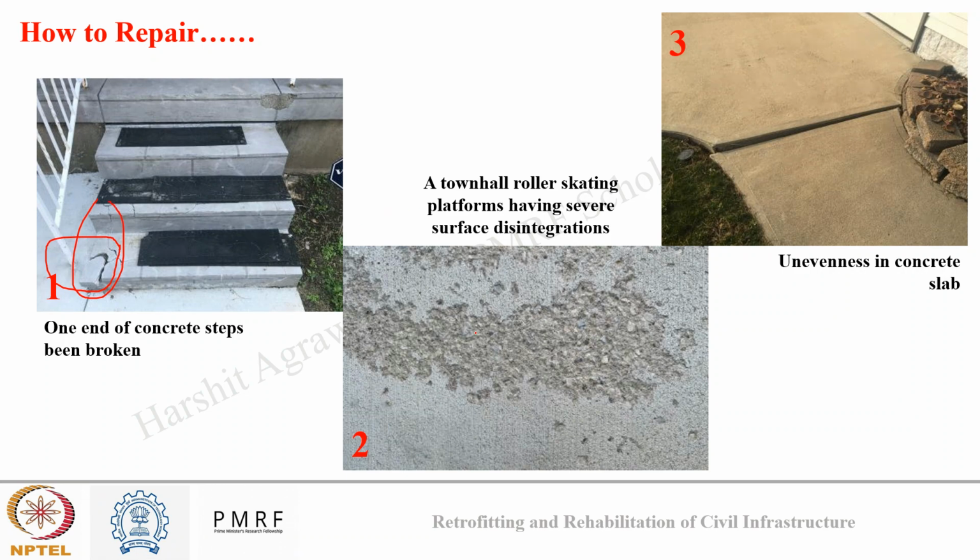Now here you see a town hall roller skating platform having severe surface disintegration. So what we can do here is simply use a low viscosity mortar, or suppose this defect has been there throughout a large area of the platform, we can go for dry mix shotcreting on the surface to seal the cracks and even the surface again.